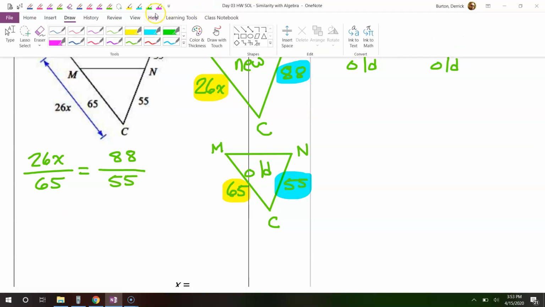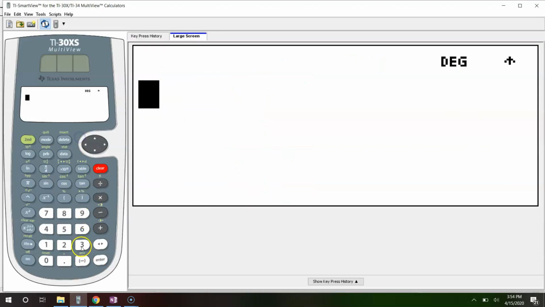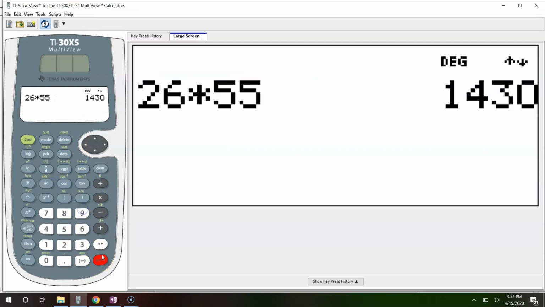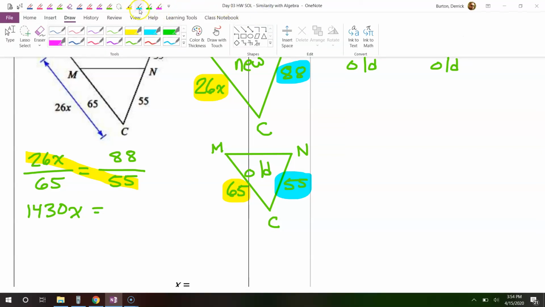So time to cross multiply. I've got my down diagonal. Okay, so what's 26 times 55? So that's 1,430. Now I need to do the up diagonal.